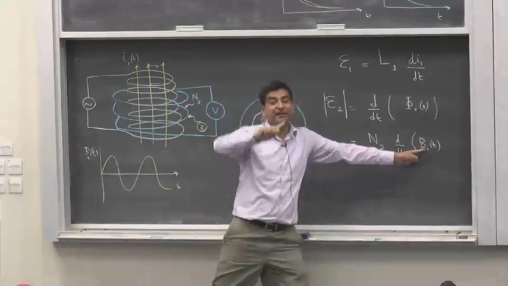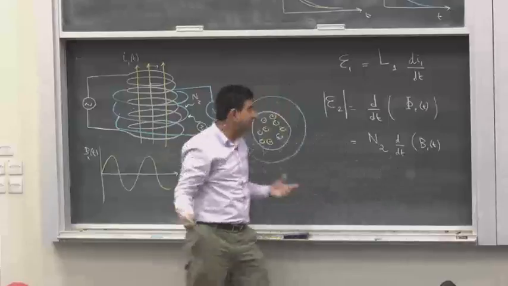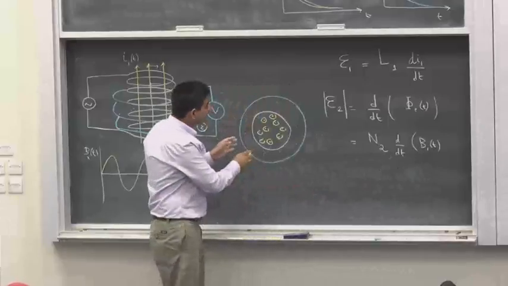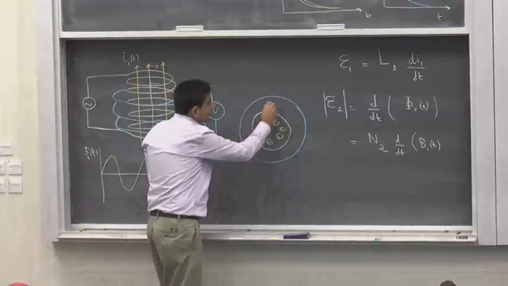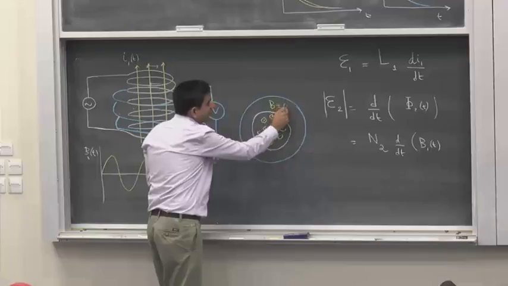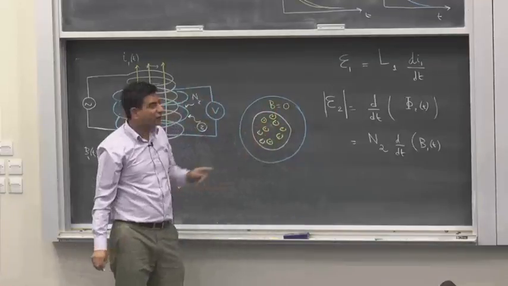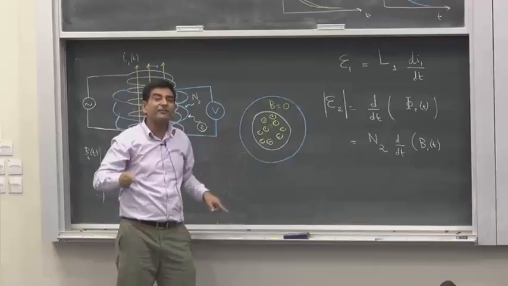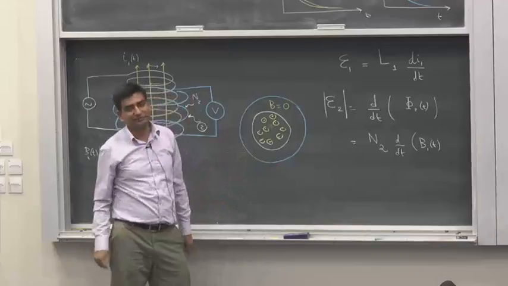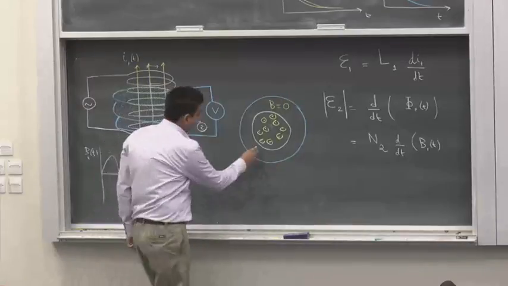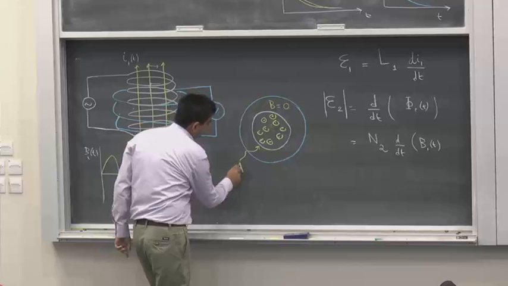It's produced by the current in the primary coil, but the area that we're talking about is only this area, because the field here is 0. Only inside this area is the field non-zero. So I have to take the area of the inner solenoid. Okay, that area is, say, A1.